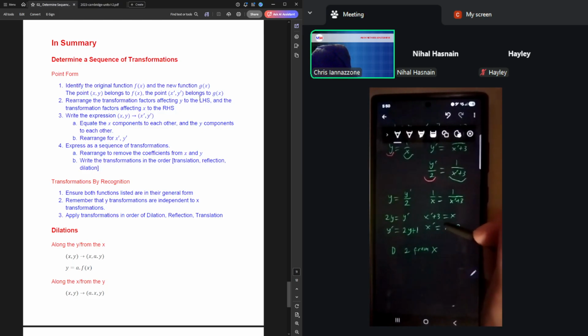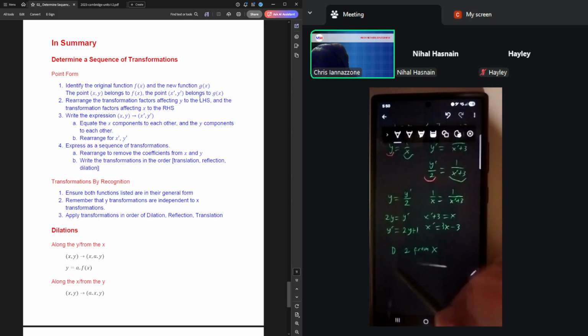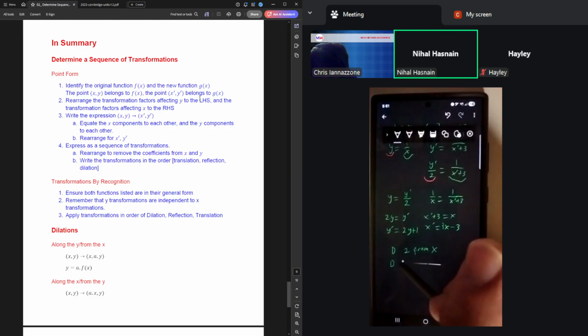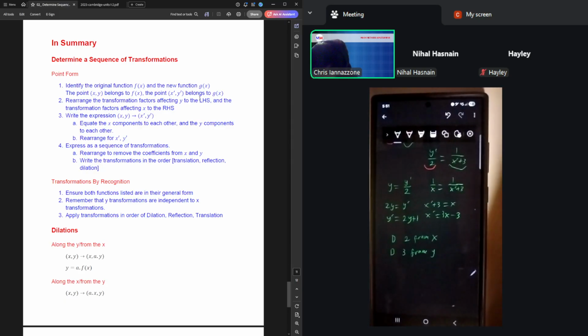For the sake of it, let's also put a 3 here. So we've got another dilation going on there. What's that dilation going to be? 3 from the y-axis. 3 from y. Perfect. Got our dilates going.